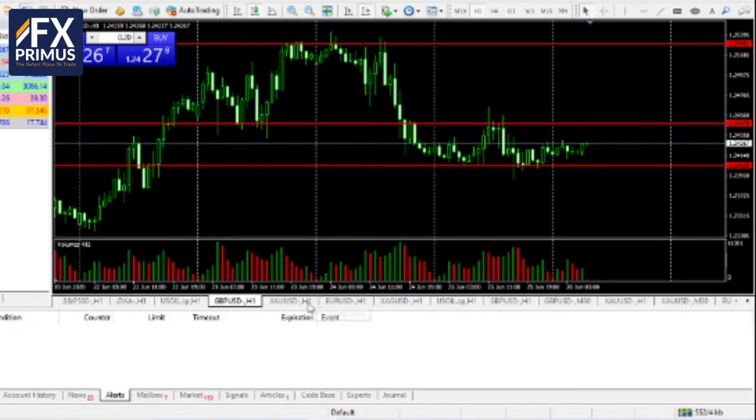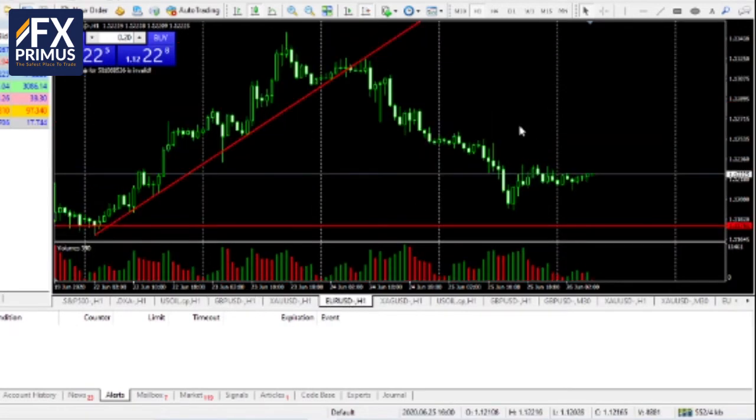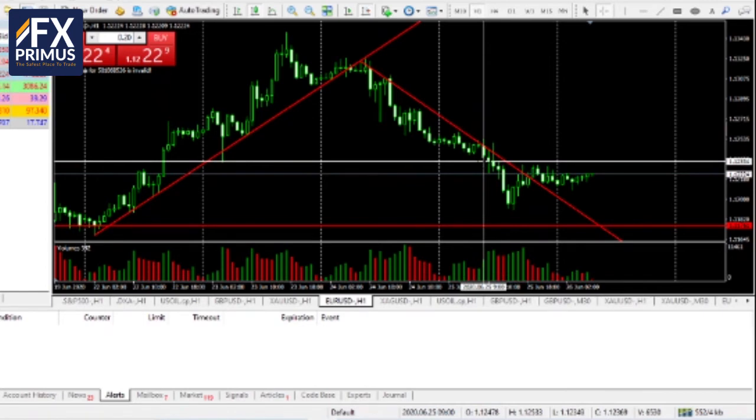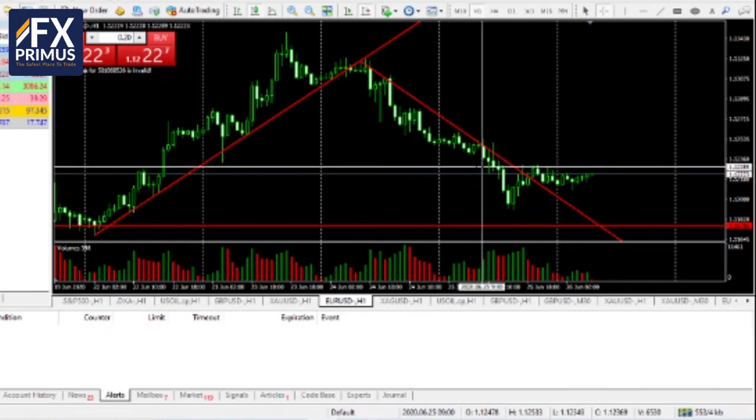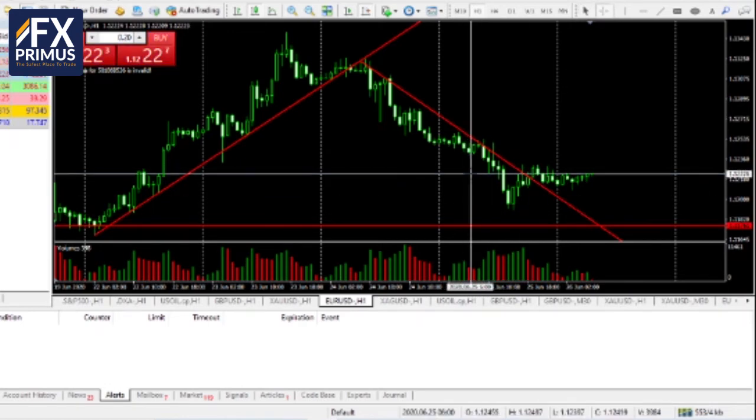So moving on to the euro dollar. Euro dollar for yesterday is a continuation of the bearish trend on Wednesday. We can see that the euro dollar, this is the first move at 9 plus 5 is 14, which is 2 p.m. local Singapore and Malaysia time.